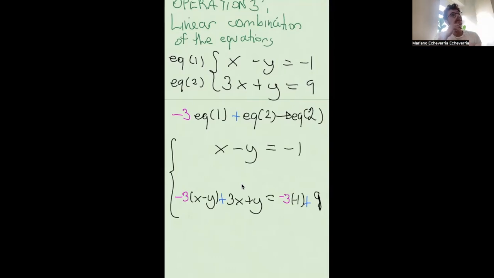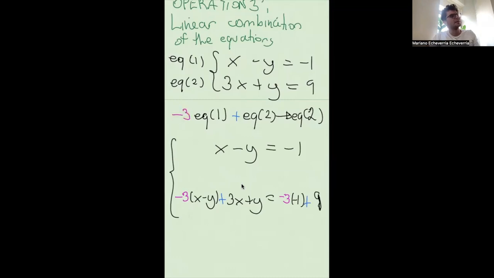So again, it's basically the same as adding the equations. It's just that before adding the equations, you are allowed to multiply one of the equations by a number. That's basically it. So if there were no -3 here, it's just like saying I'm going to add equation 1 with equation 2, which is something you may have done in the past, when you were solving systems of equations in high school.